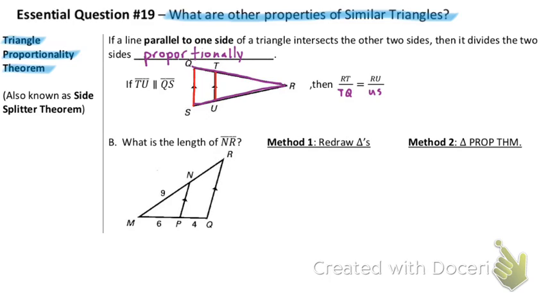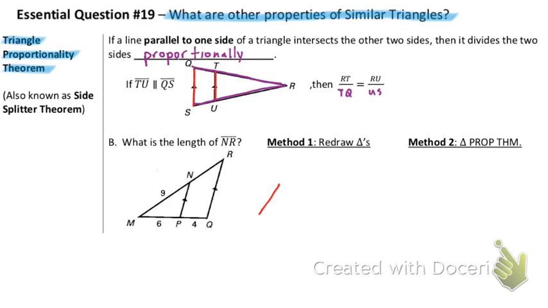Okay, and now that we have this theorem, we can easily solve this proportion. In the past, we had to redraw the triangles. Now with this theorem, we can do it a little faster, as I will show you in example B. So in the past, we would have to redraw these like so.